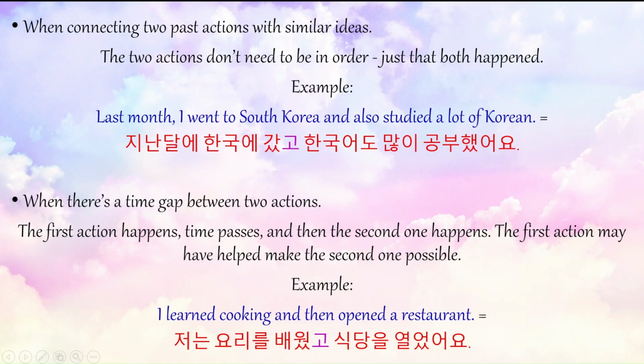And here you have to attach ko to this conjugated stem. 저는 요리를 배웠고 식당을 열었어요. I learned cooking, then opened a restaurant. So, this is how it works.